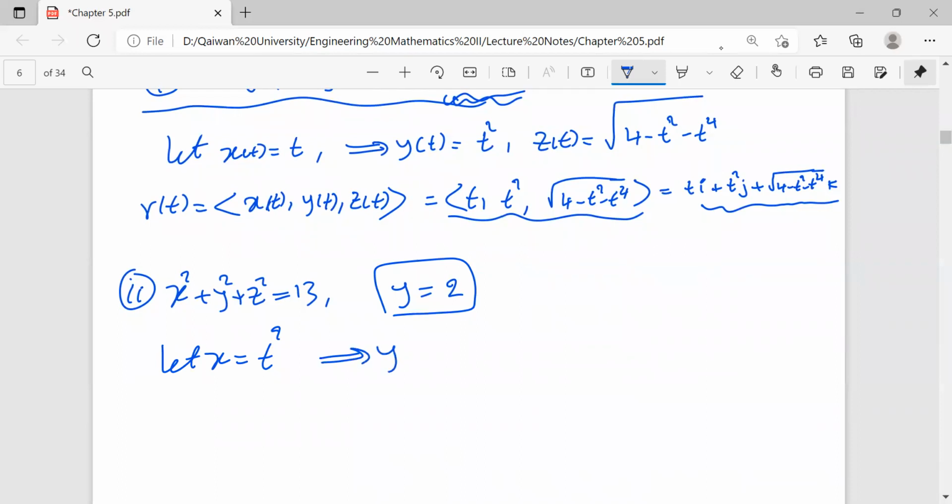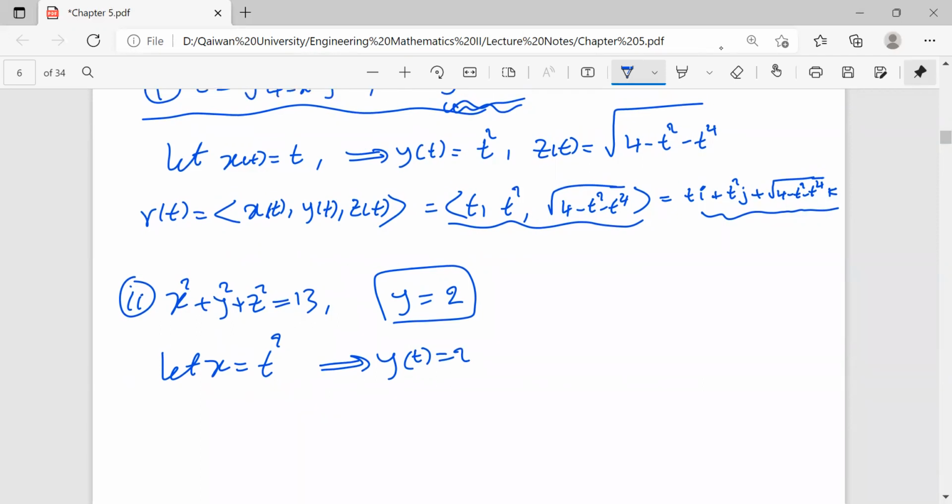Then y of t is still 2. It's a constant. If x is any parametric equation, y is still 2, because y is a constant function. Then z of t equals what? We replace y by 2 and x by t squared in the sphere equation.